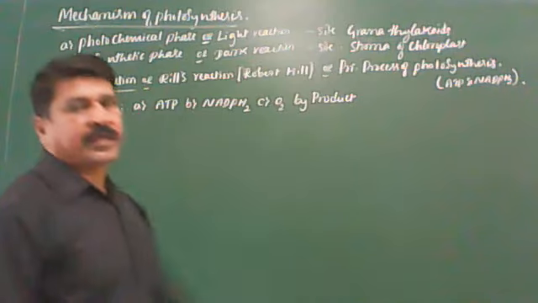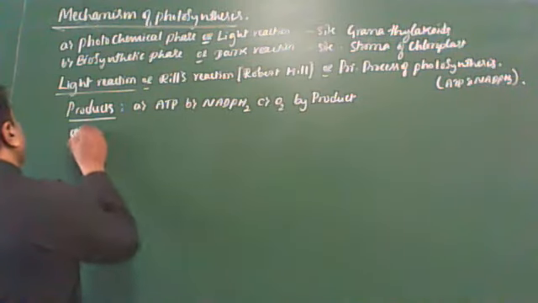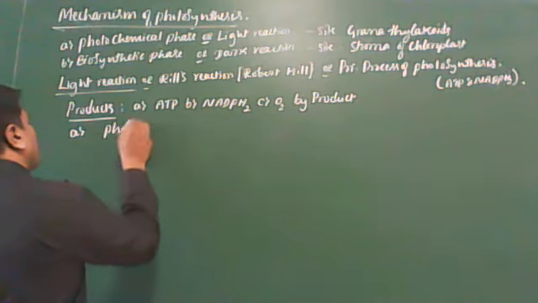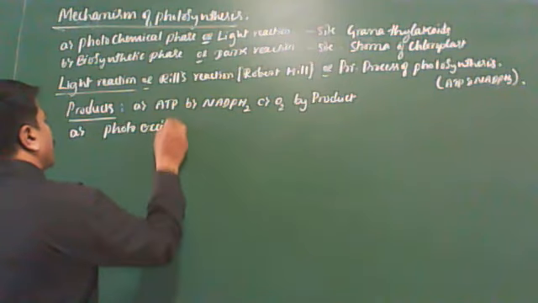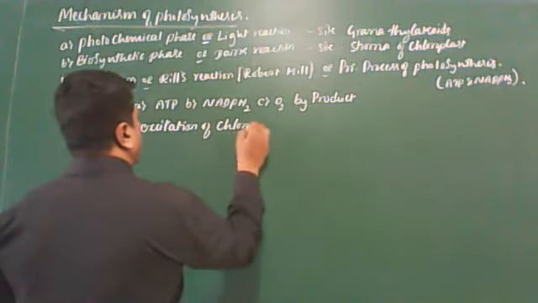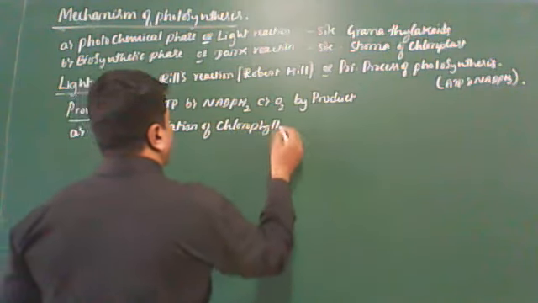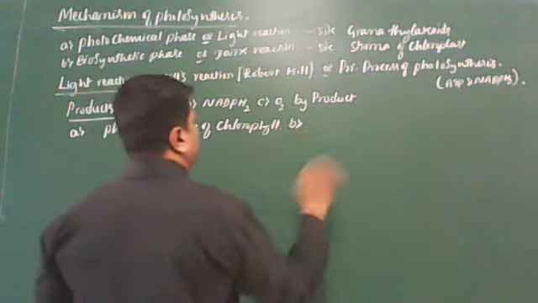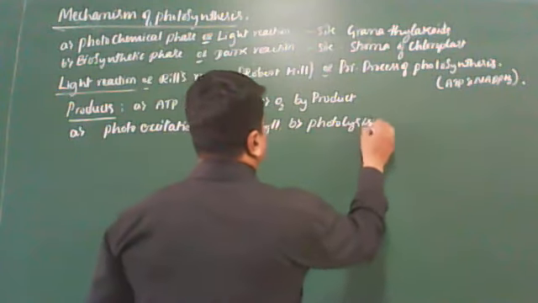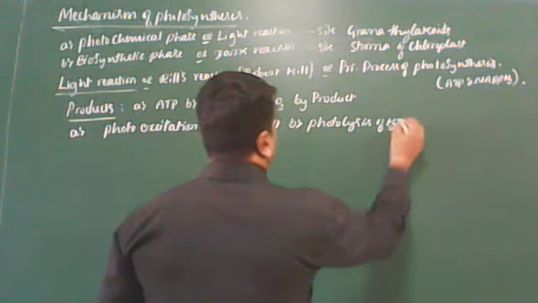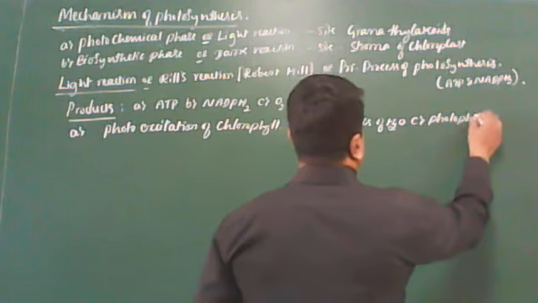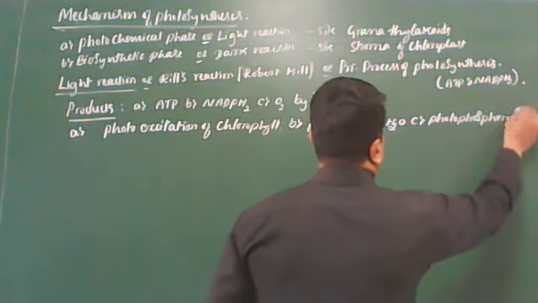Light reaction can be studied under the following three steps. They are the photoexcitation of chlorophyll, also called photoionization of chlorophyll, photolysis of water, and photophosphorylation.